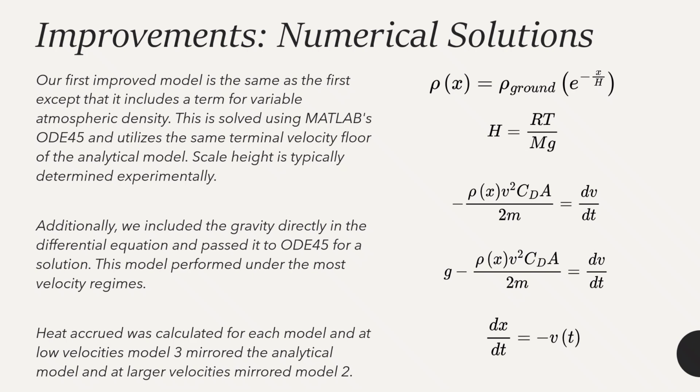Additionally, we included gravity directly in the differential equation and passed it to ODE45 for a solution. This model performed under the most velocity regimes. Heat accrued was calculated for each model, and at low velocities, Model 3 mirrored the analytical model, and at larger velocities mirrored Model 2.